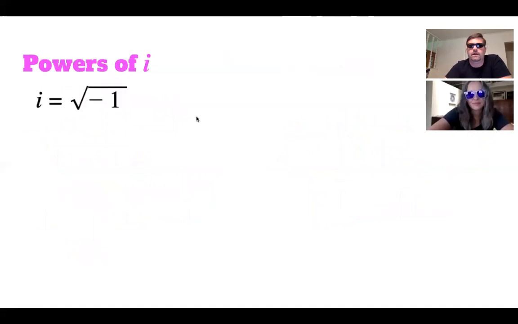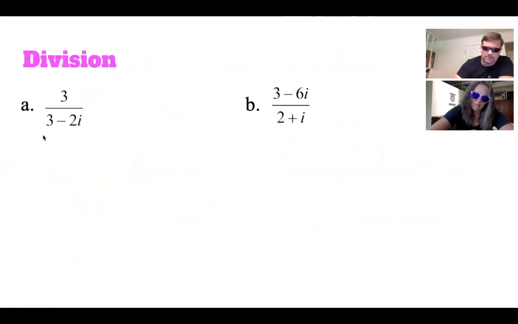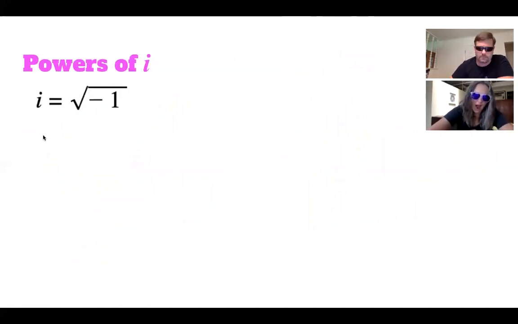So the powers of i, we've already talked about this. We had i squared, which equals -1. We already established that, right? Yep.